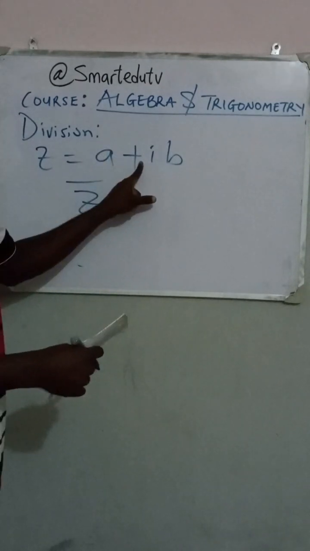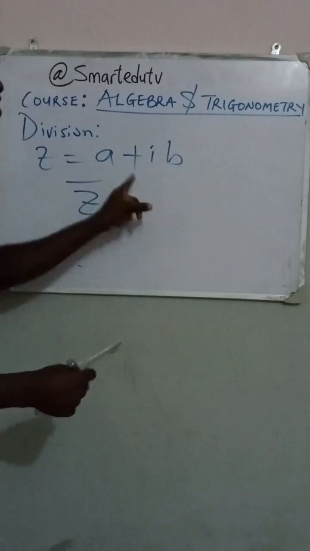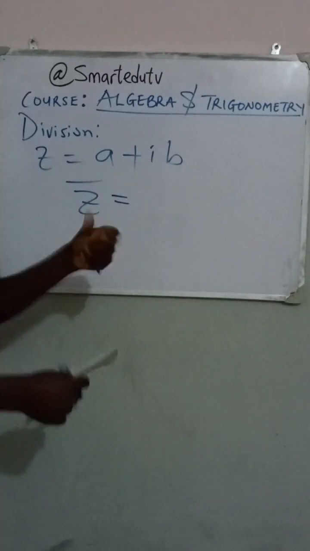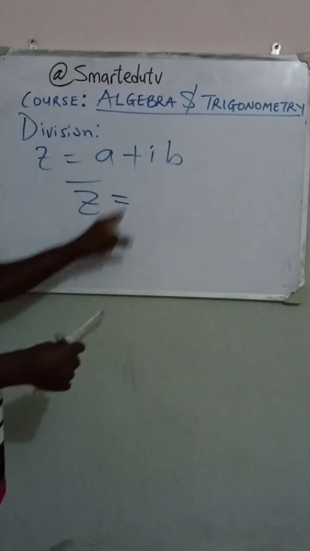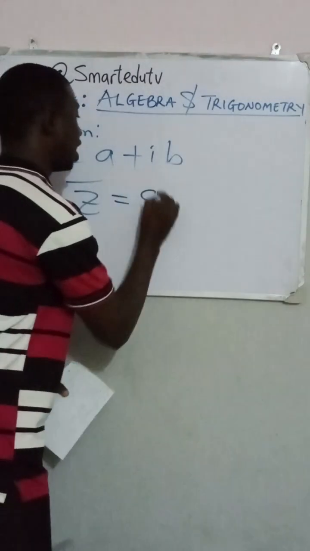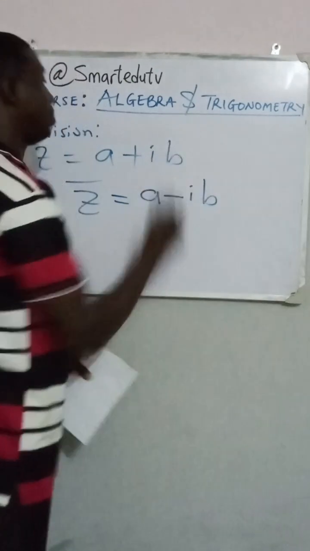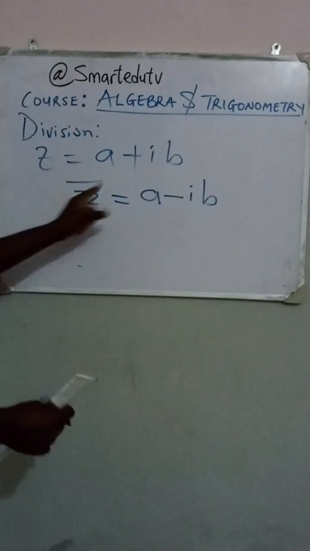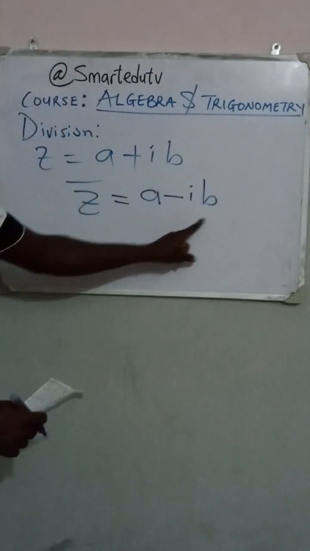If it is plus, I change it to minus. If it is minus, I change to plus. The conjugate of a plus ib becomes a minus ib.